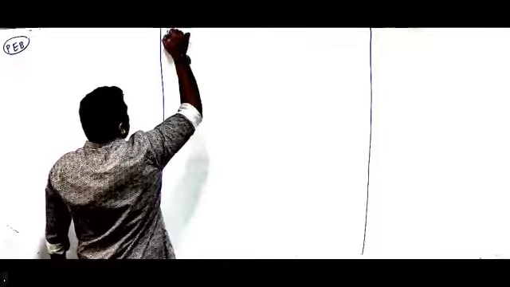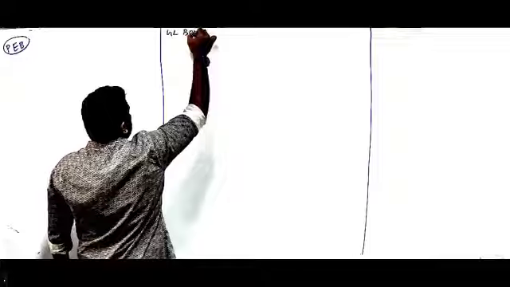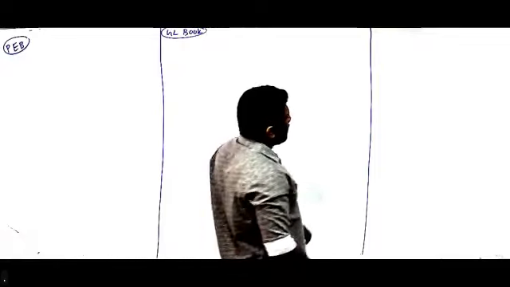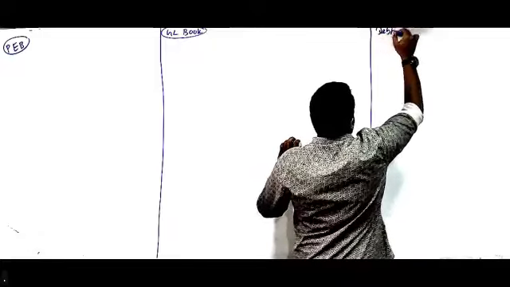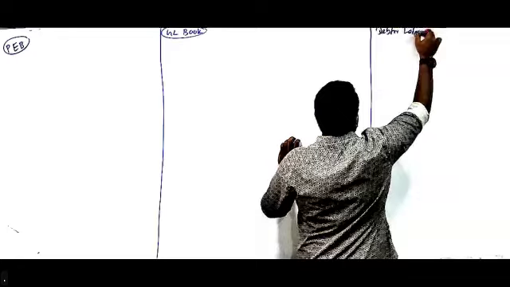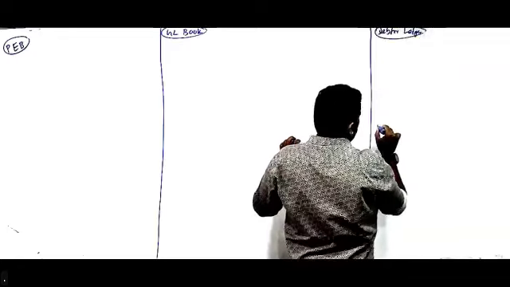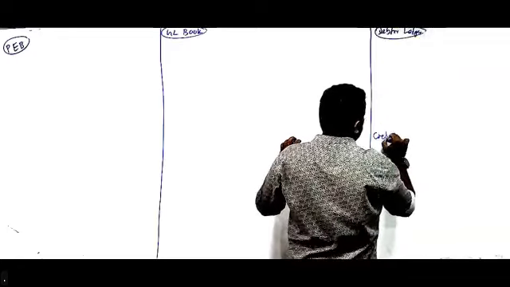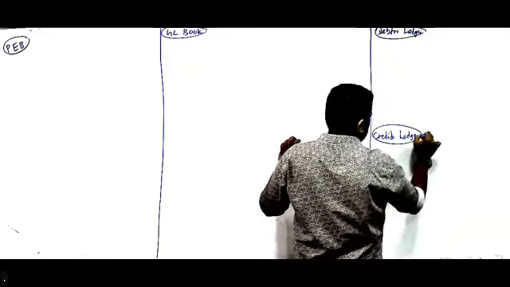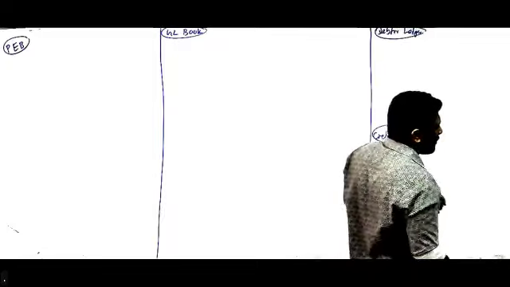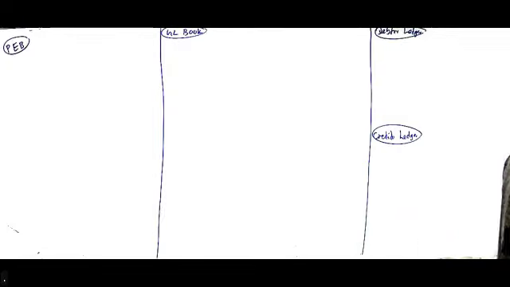This page is for the GL book, the general ledger book. Half of this is for the debtor ledger, other half for the creditor ledger. Take 3 pages.